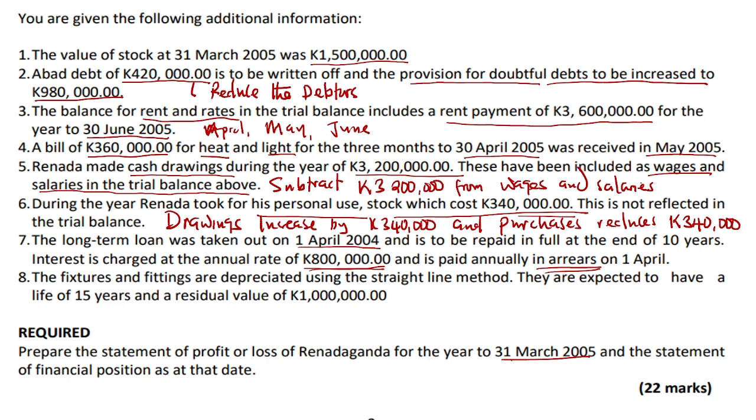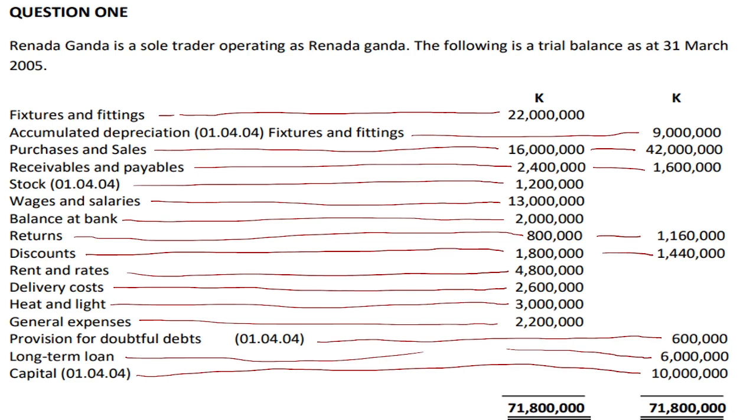Please, when you get to your incomes, work out this provision, because that provision can be an income and it can also be an expense. They have already explained that it was increased, so there's the word increase. At times they'll just tell you it was adjusted.